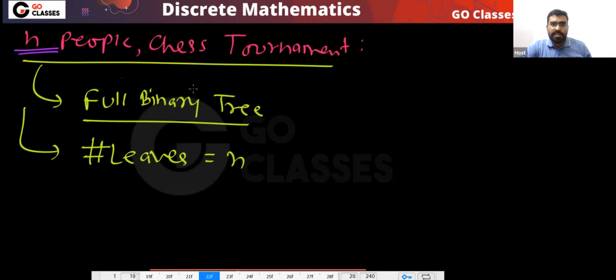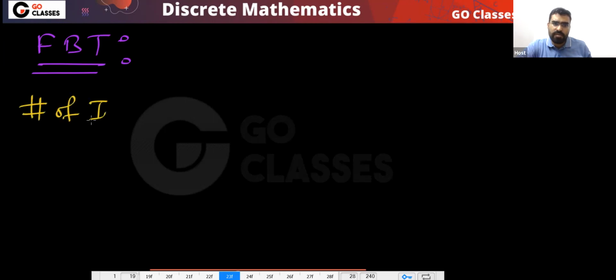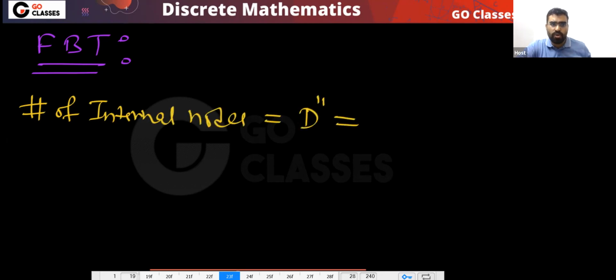Now, this is a full binary tree, and in a full binary tree, if you know one thing, then you know all the others. For example, you know the number of two-child nodes. What is the number of internal nodes? In a full binary tree, the number of internal nodes is equal to the number of two-child nodes, which is L minus 1.